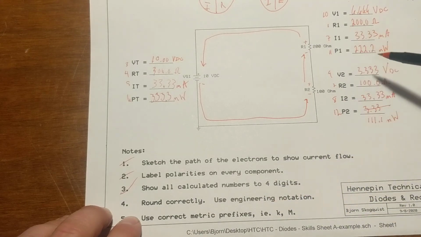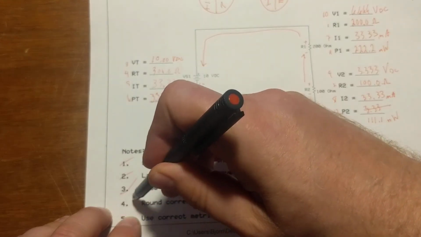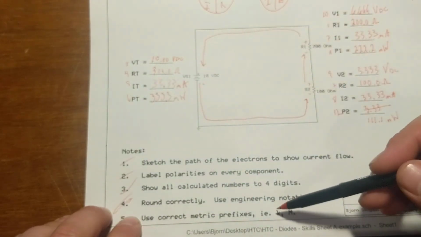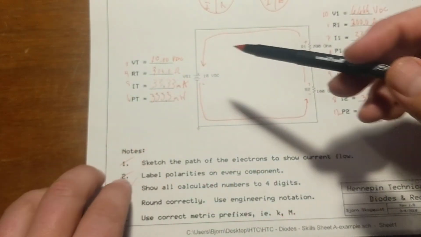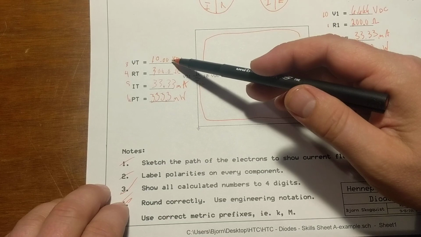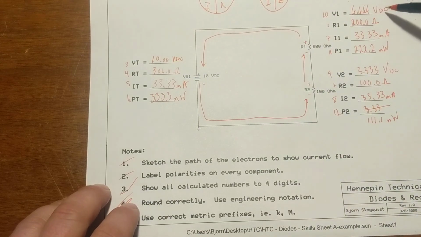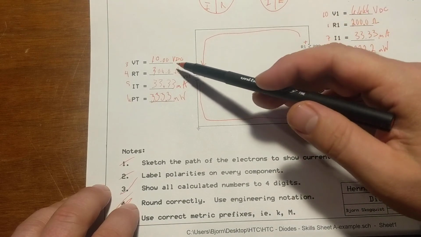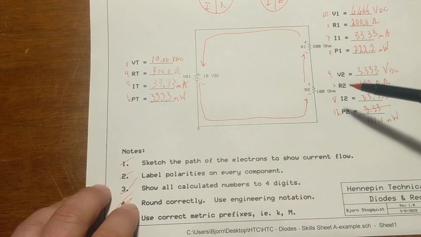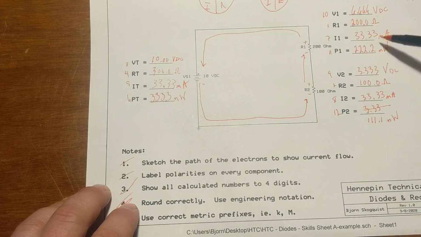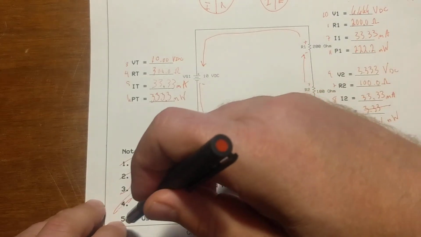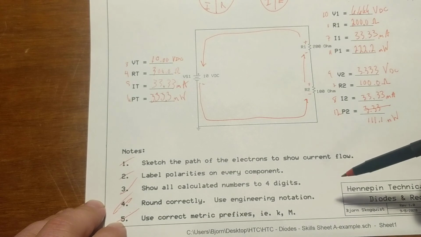I used engineering notation. And everybody's got metric prefixes. I don't need them here because these are correct. But here I've got millis, millis, millis, millis, millis, millis. So I think I'm good.